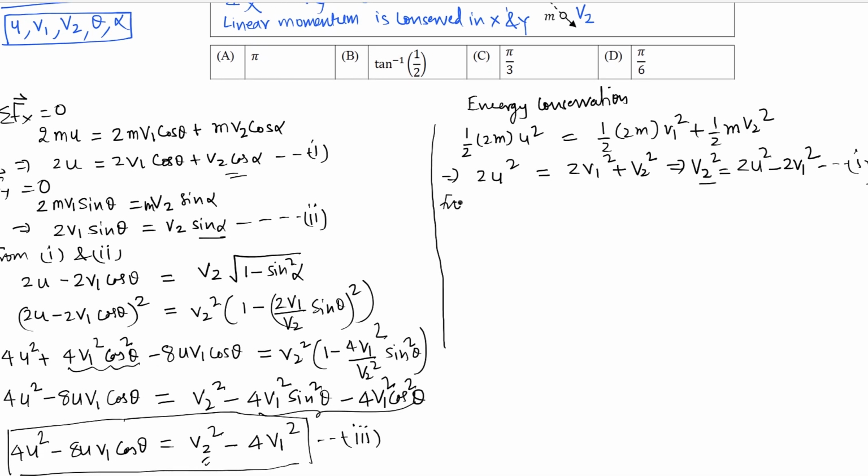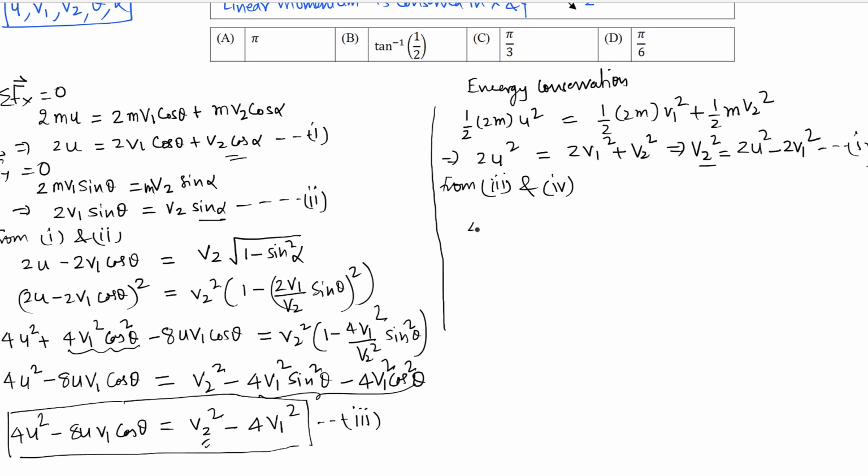So from 3 and 4, 4u square minus 8u v1 cos theta. Instead of v2 square, we'll write 2u square minus 2v1 square, minus 4v1 square, which is equal to 2u square minus 6v1 square.